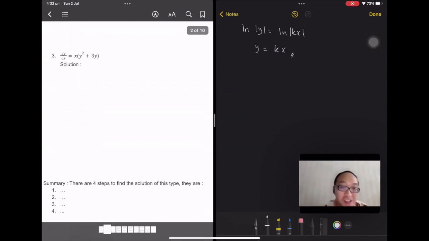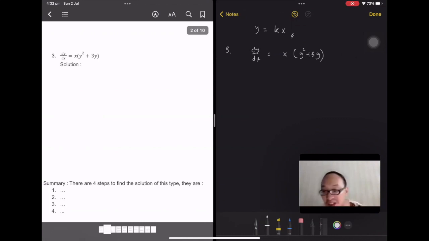The third example. Example number 3. dy/dx equals x times y squared plus 3y. The same method, we have to separate the variables. We can move the y to the left side.